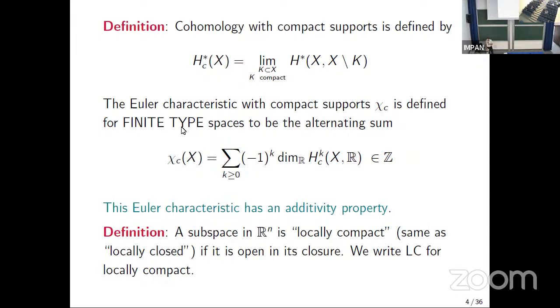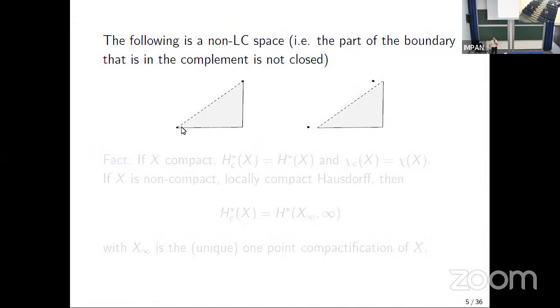The space is locally compact if it's open in its closure. We'll write LC in this talk. Here's a space that's not locally compact. It's this triangle together with 2 points. That messes up various things.